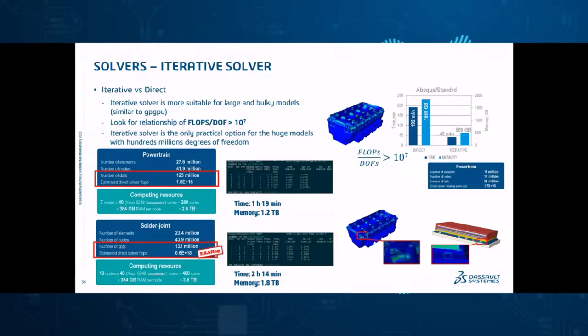There's a couple of points just to raise about the iterative solver. Firstly, the presence of certain modeling features, for example, high aspect ratio elements, can make it unstable, and therefore it's unsuitable. There's good documentation on the things that you need to consider if you're having to review a model.